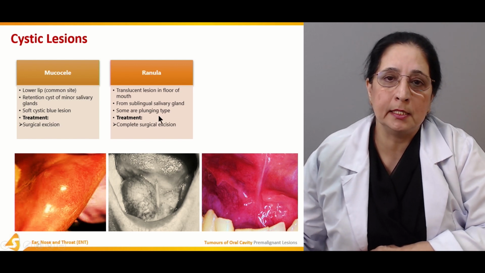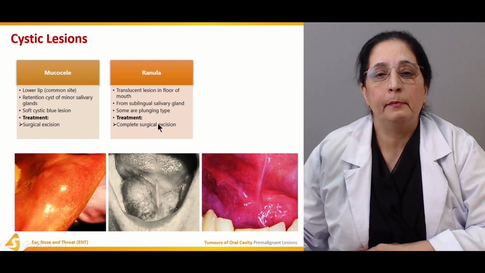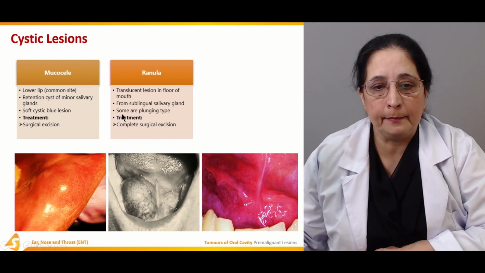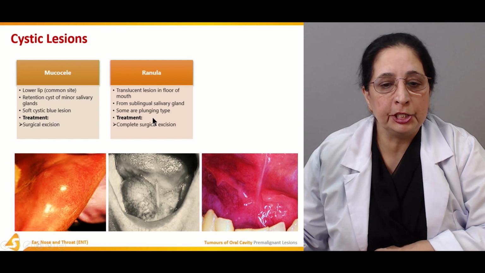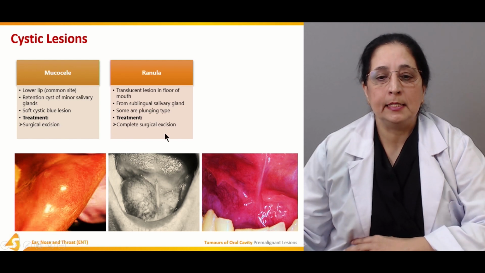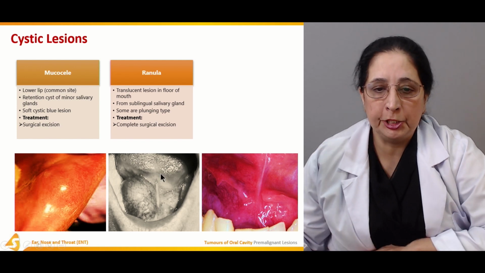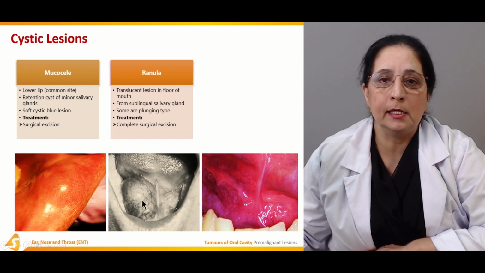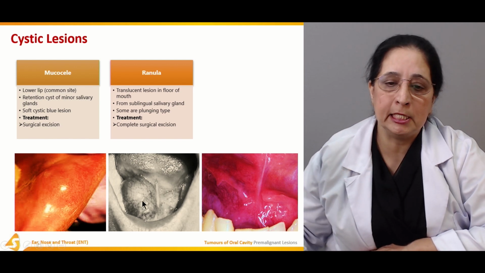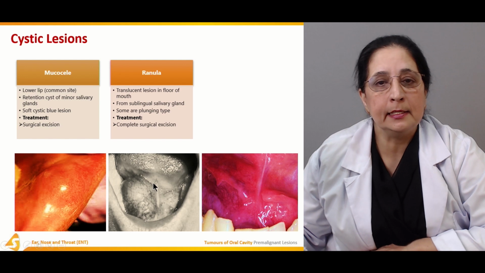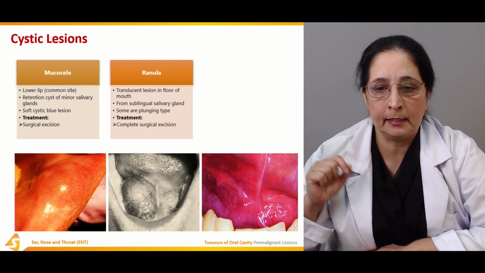So ranula is developed from those sublingual glands. Some are plunging type. Treatment is complete surgical excision. This is the portion under the tongue. When the tongue is elevated, you can see that this ranula is formed in that portion.